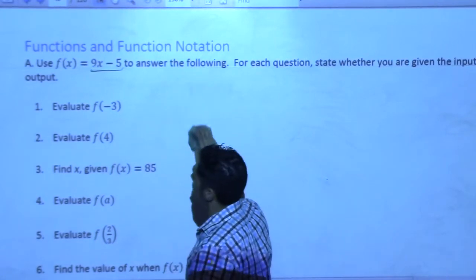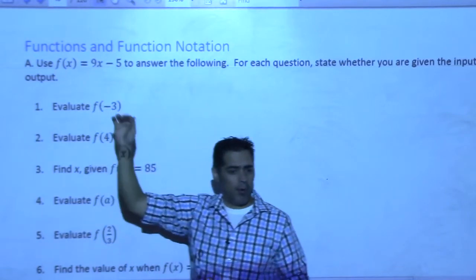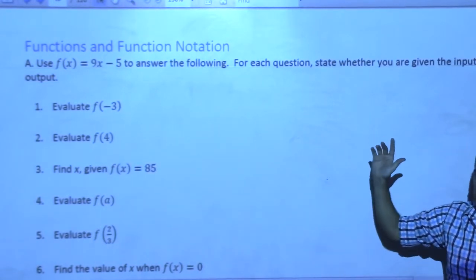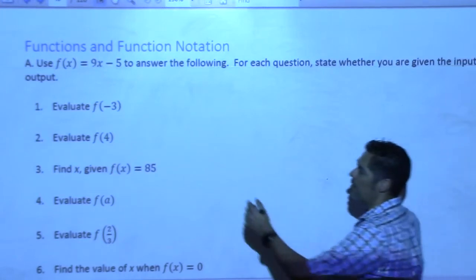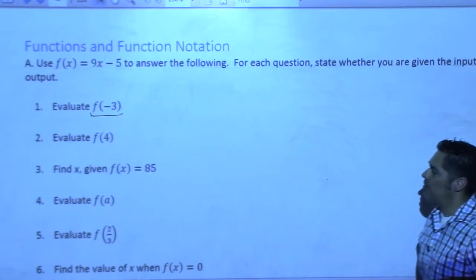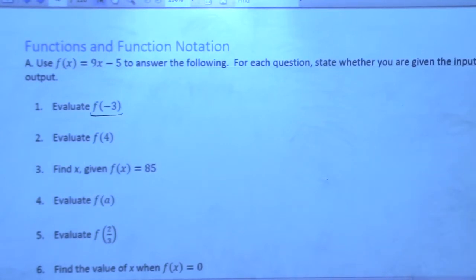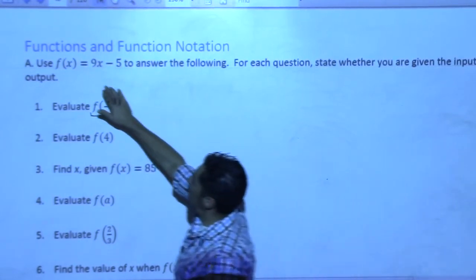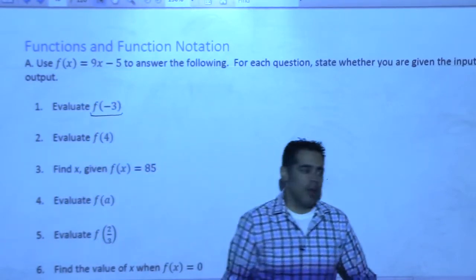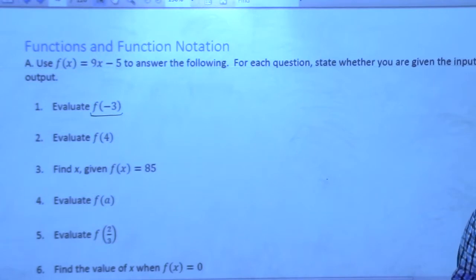So raise your hands. How many of you have seen functional notation before, f of x? Anyone never seen it? Okay, so what does this mean right here? Just in layman's terms, if you're trying to explain that to somebody, if somebody gives you this function, f of x equals 9x minus 5, and they write evaluate f and then negative 3 in there, what are they telling you to do?